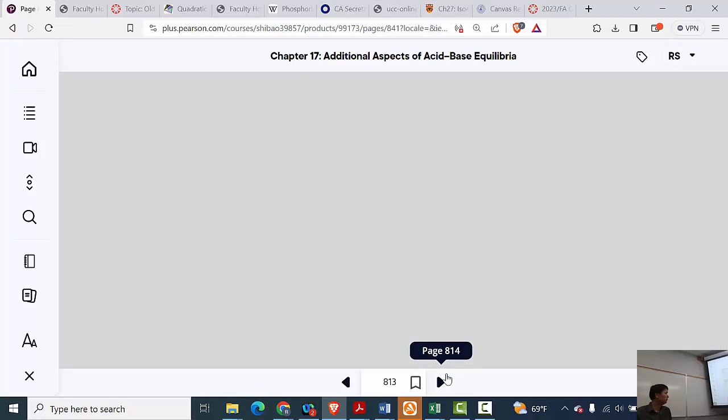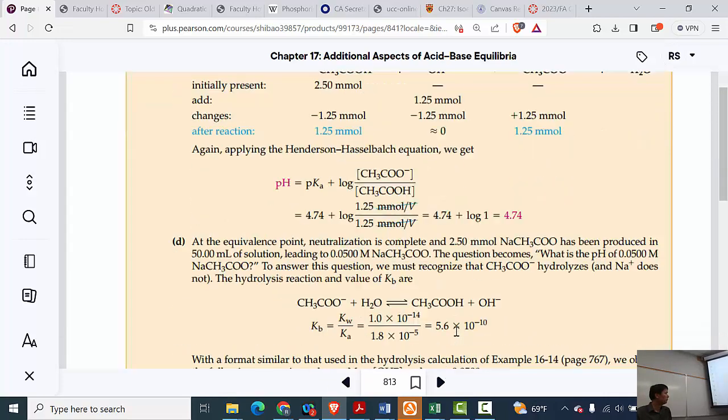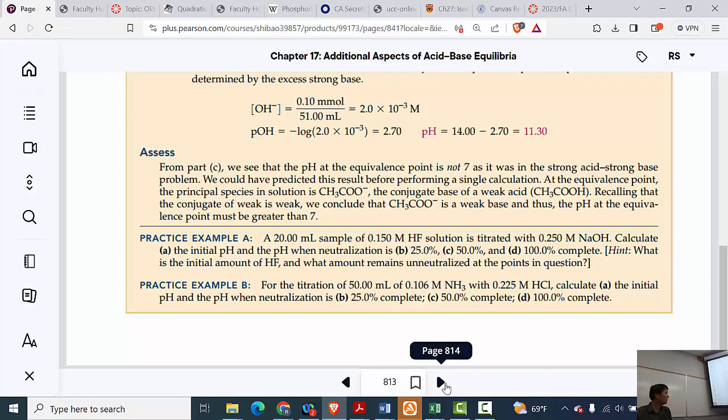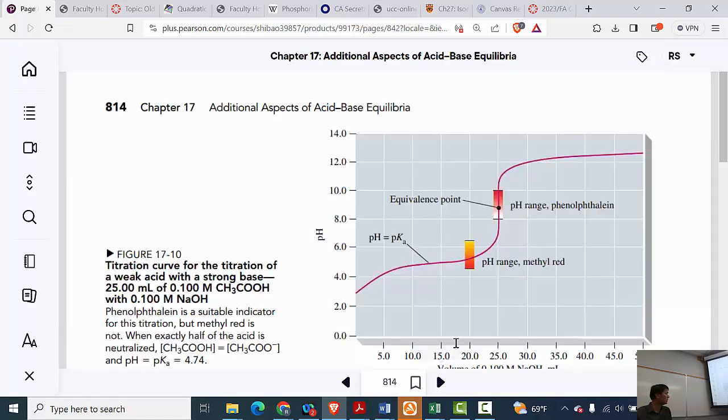So most of the time is devoted to this type of titration here, which is weak. You can see the rise isn't as good. We end up about the same, 12, right? Because it's just excess strong base, sodium hydroxide, which is high pH.